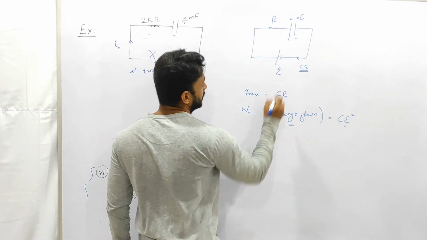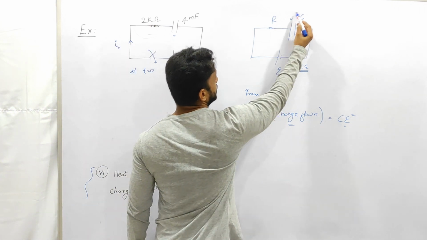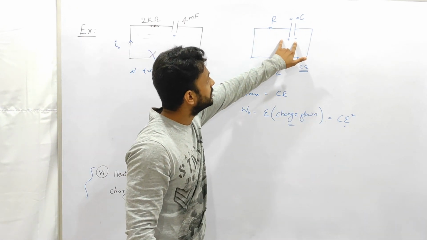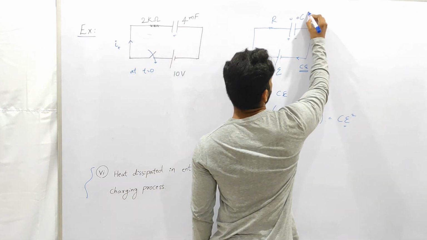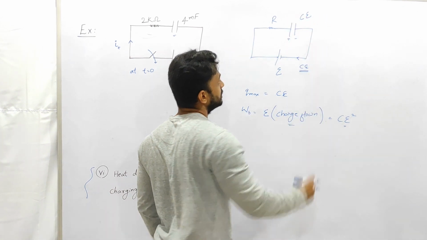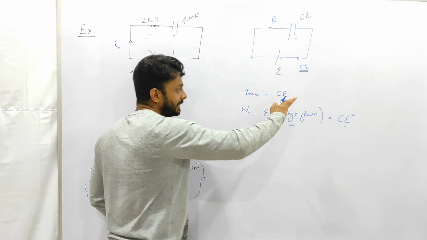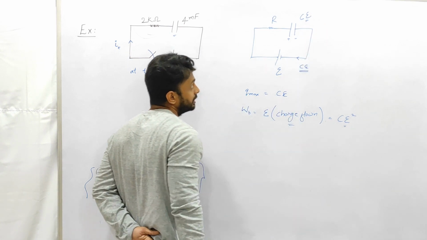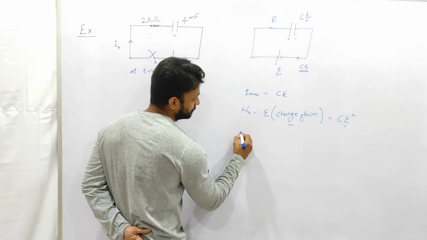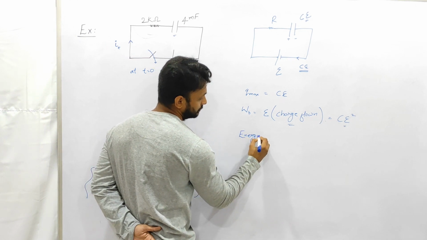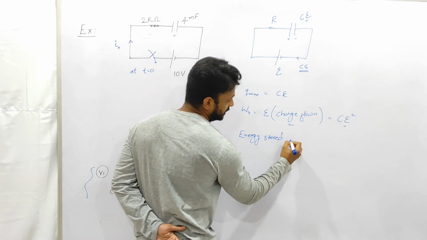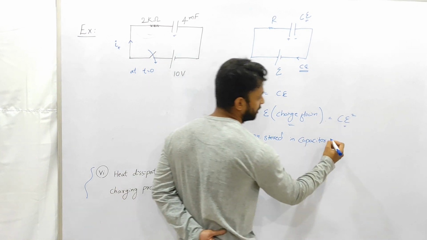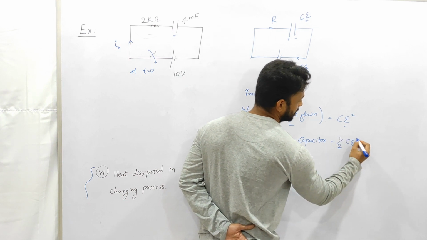And out of that work done by the battery, what happens here? There is some energy stored in the capacitor. In the final steady state, the charge stored in the capacitor is plus minus CE. And if CE charge is stored in the capacitor, the energy stored in the capacitor is given by half CE square.